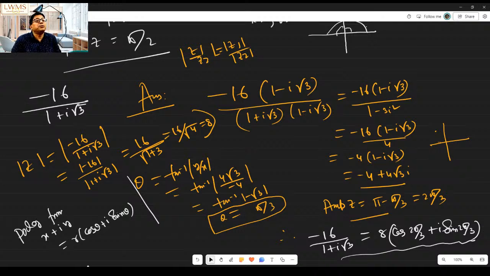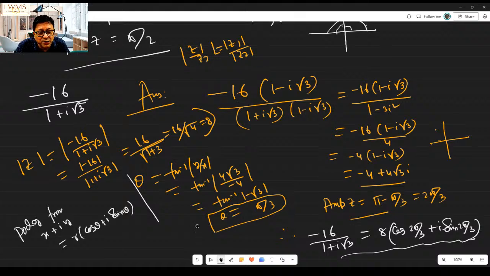If you don't put amplitude, it will be wrong. This is not polar form then. Even if you get a negative sign, you keep the negative over there. Do not try to change that sign; minus theta gives minus sin theta. If they ask you to write polar form, then you preserve the sign of the angle over there. Clear?